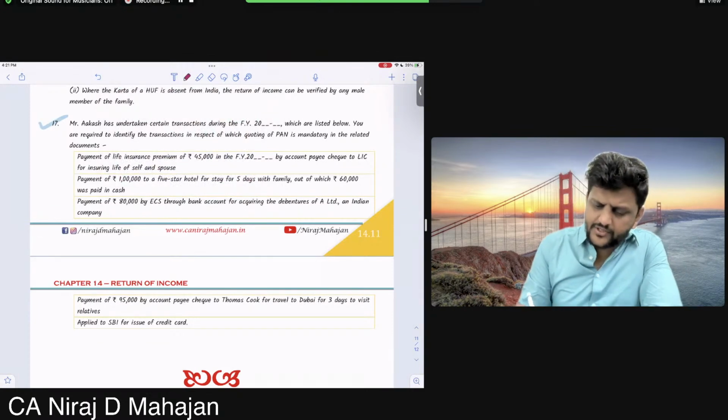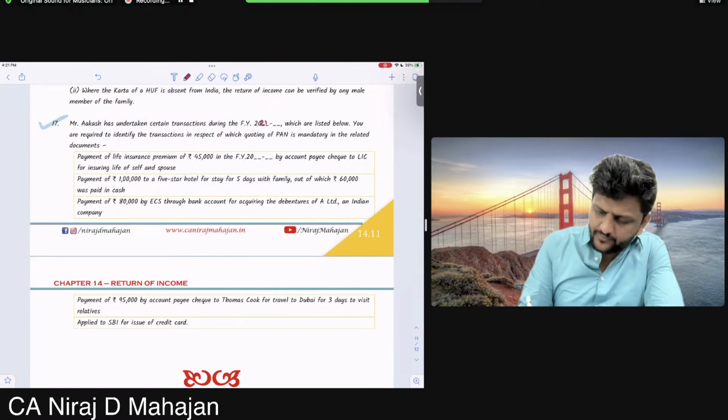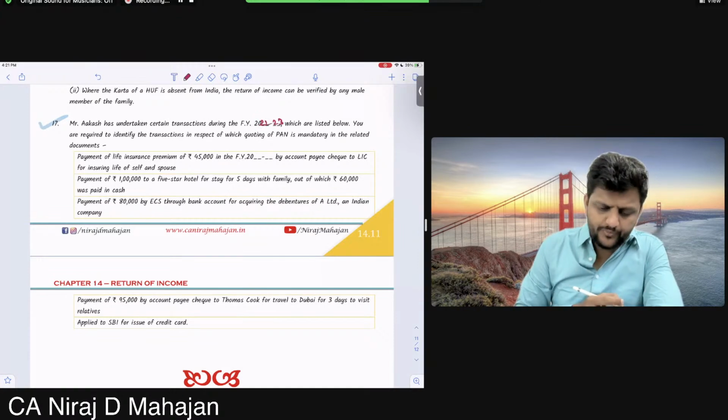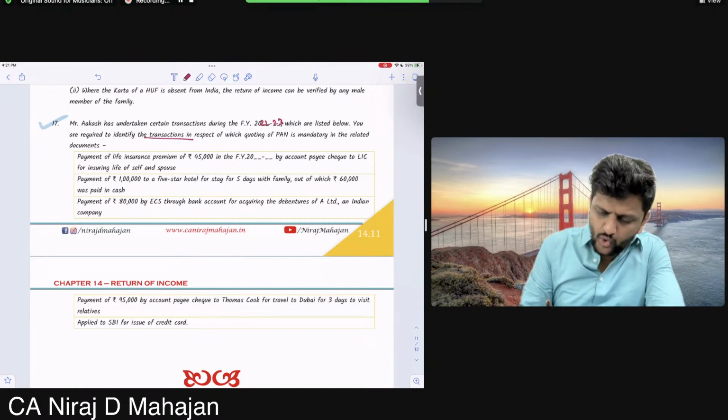Akash has undertaken certain transactions during the year 22-23 PY which are listed below. You are required to identify the transaction in respect of which quoting of PAN is mandatory in the related documents.